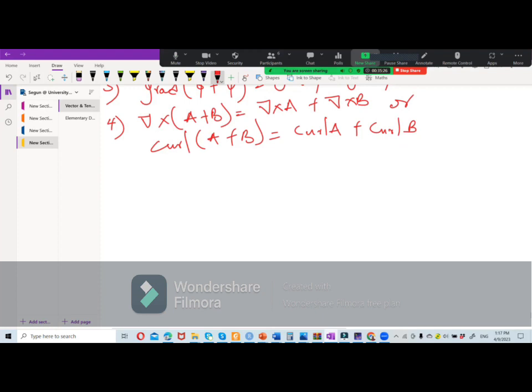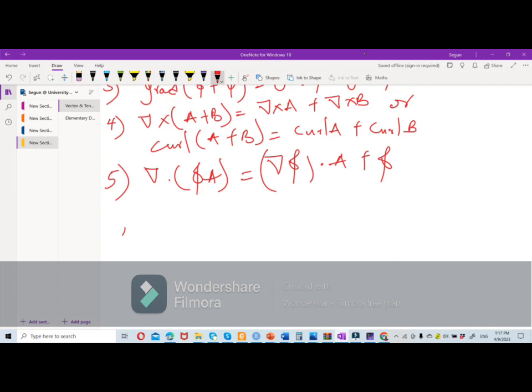Okay. Del dot (phi A) equals phi del dot A plus A dot grad phi. Let me just stop there, because anytime we are solving a problem, I will be giving as many as possible. But before then, I think this is paramount that I need to share with you.